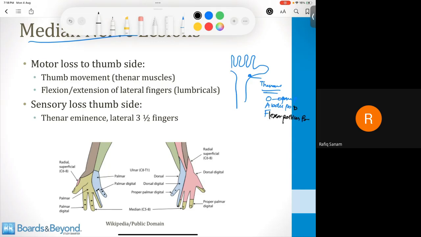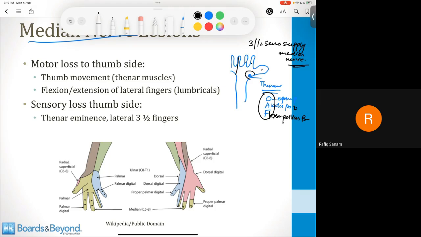OAF, that's the mnemonic. So it supplies the thenar muscles. The sensory supply is going to be 1, 2, 3, and 3.5, so 3.5 fingers of sensory supply is given by your median nerve.